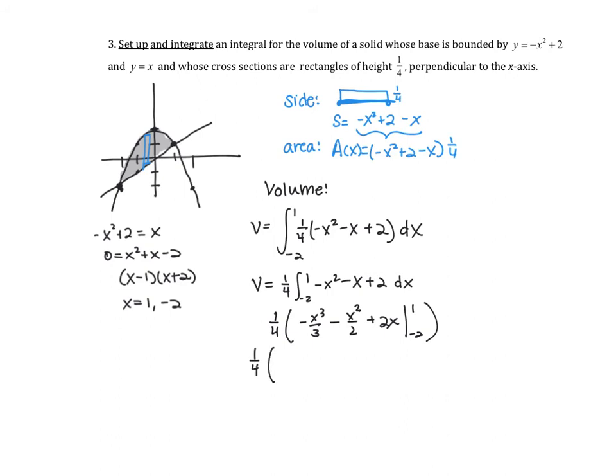So if I plug in 1, I would get negative 1/3 minus 1/2 plus 2 minus, if I plug in negative 2, I'd get negative 8 over 3, which would be positive 8 over 3, minus 4 over 2, I'll just put minus 2, minus 4.